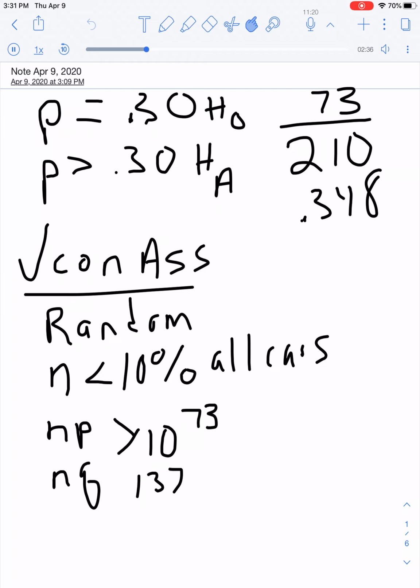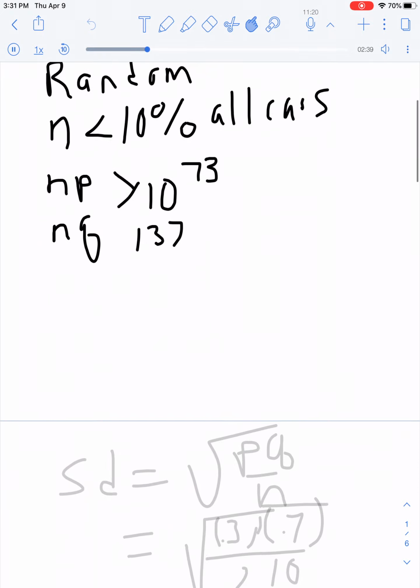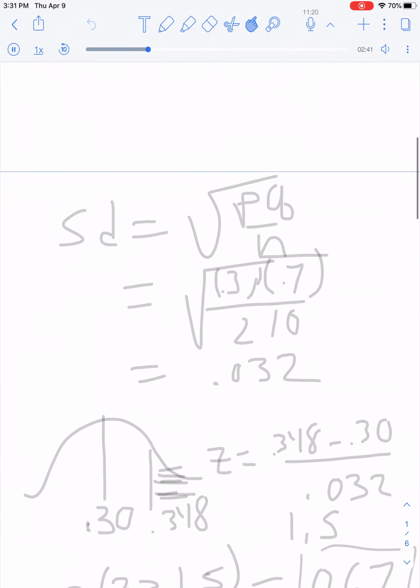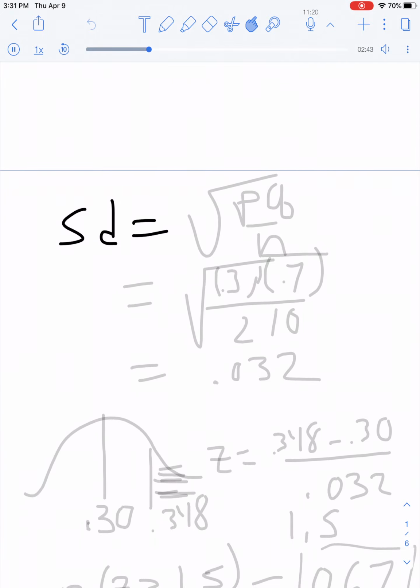Okay, go to the next page then. The next thing I do is I have to find my standard deviation, which is the square root of PQ divided by N, not P hat, Q hat, PQ.